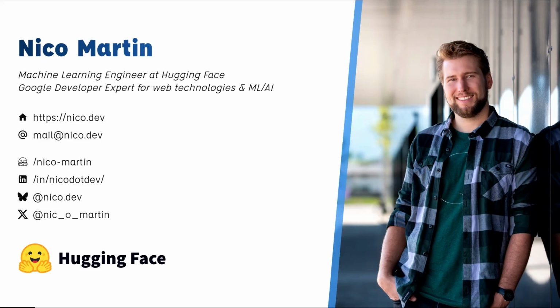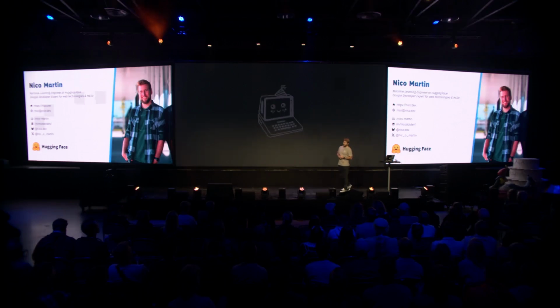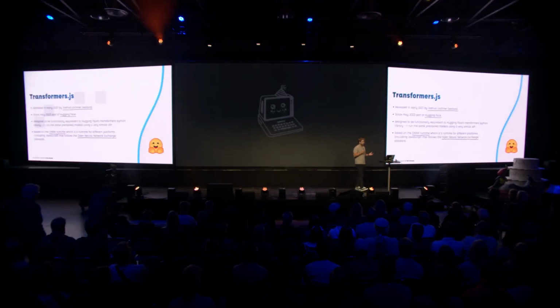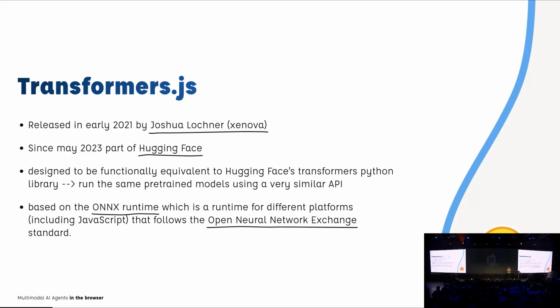But at Hugging Face, I am working on a library that I used quite heavily in the last couple of months and years, and which is also the core that powers everything you see in Jarvis, and that is Transformers.js. So Transformers.js was released in 2021 by my colleague Joshua Lochner. He is better known by his handle Zenova.